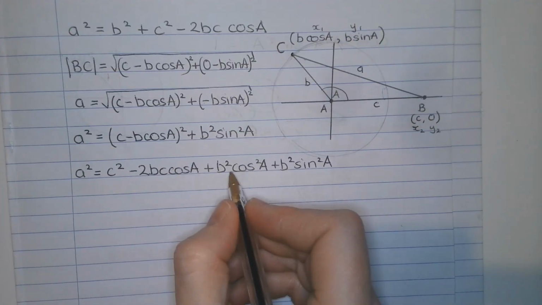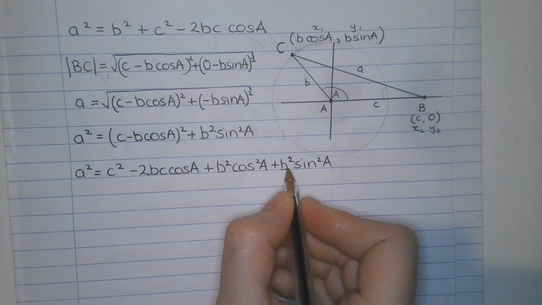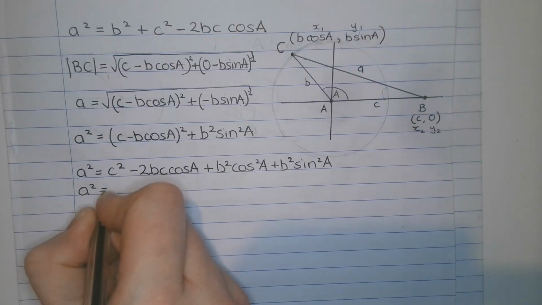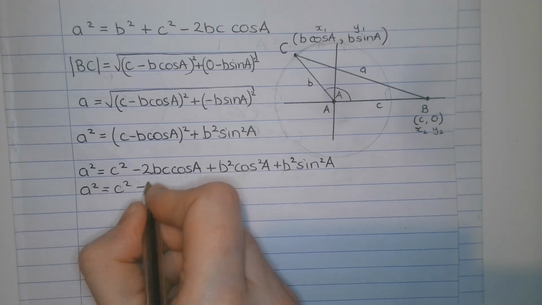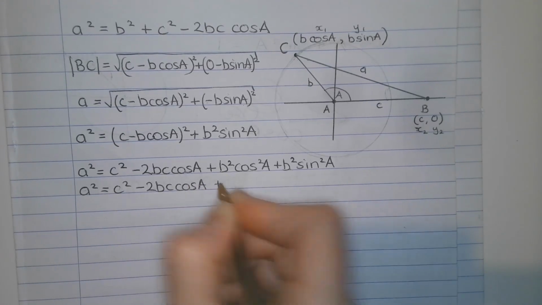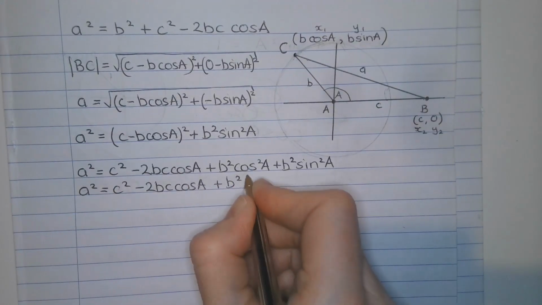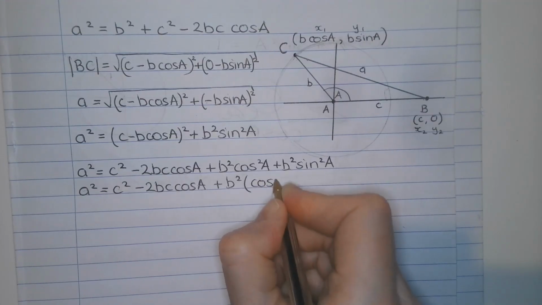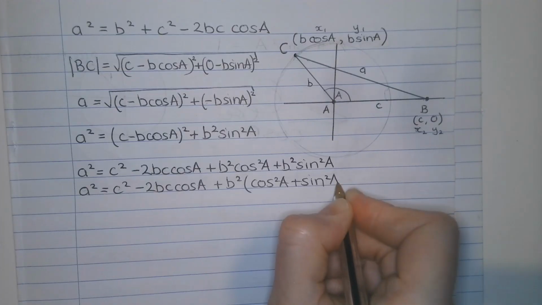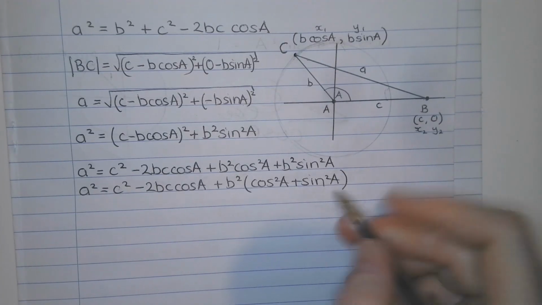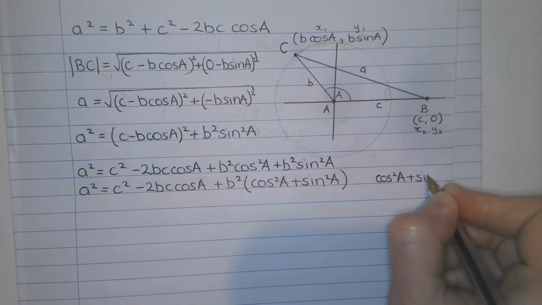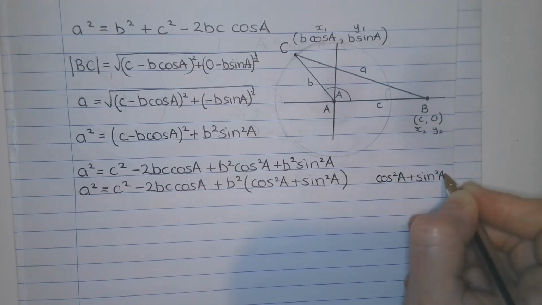We can tidy that up a little bit. We have some common factors here. So we can say that a squared is equal to c squared minus 2bc cos A plus, if I take the b squared out here, I'm left with cos squared A plus sine squared A. And we already know our identity, that cos squared A plus sine squared A is equal to 1.